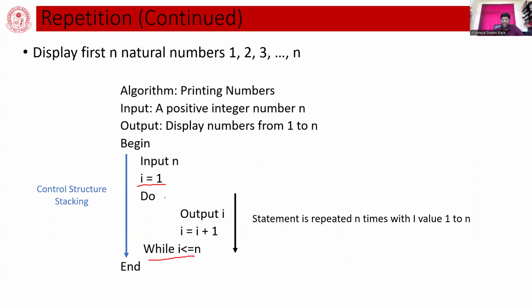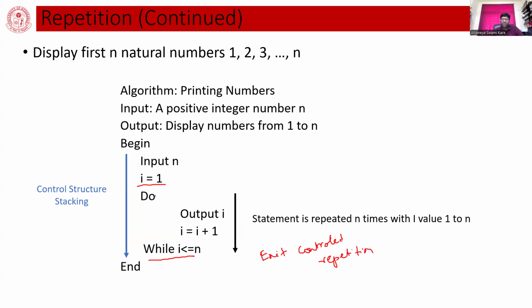Earlier the condition was here, now the condition is here. So the do while loop is also called exit controlled repetition, because the condition is checked at the end of the repetitive statement.